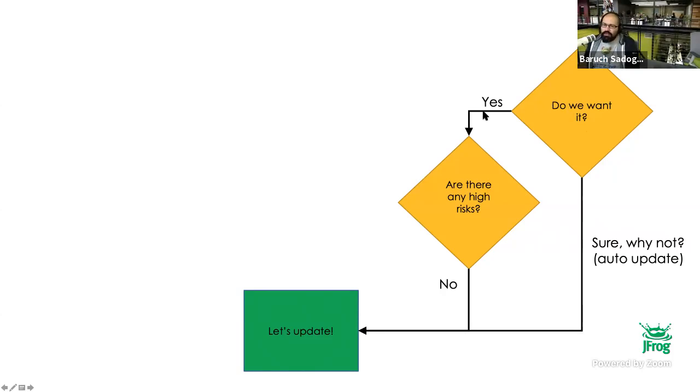Either if we want the update or we don't want the update, we will get it anyway. The only difference is that if we are cautious, if we know about the update, we might consider the risk, and eventually we will update, just because most of the time we are talking about updates with very little risk.